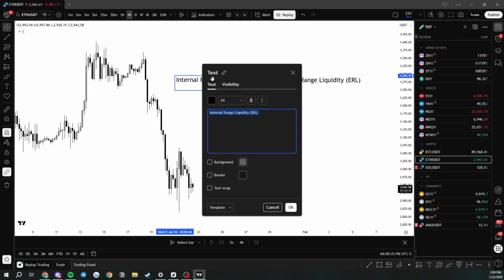So let's just, for a moment, simplify a couple things, right? Internal range liquidity is a fair value gap, okay? External range liquidity are swing points. Is there anybody in here that needs me to go over what swing points or fair value gaps are?